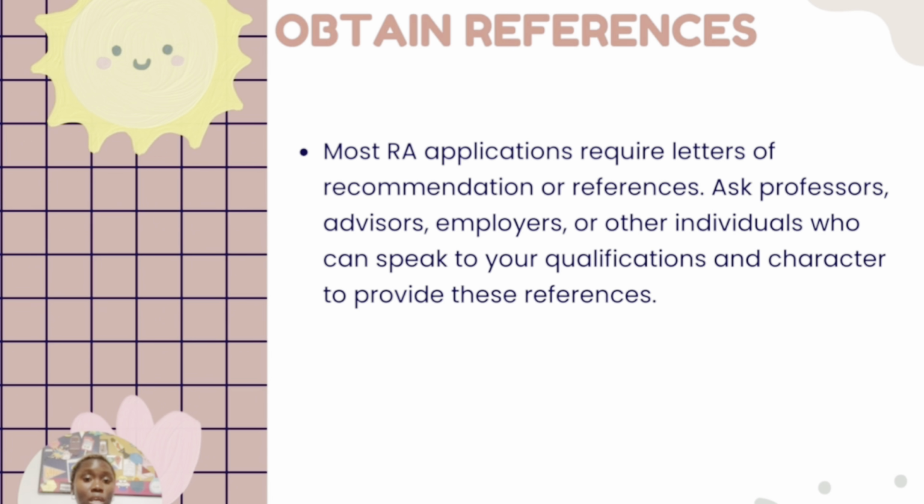So just make sure that the people that are willing to be your reference are people that can vouch for you, that can speak highly of you. Some people also ask for a reference from their resident director. If your resident director knows you and they've had an interaction with you in time past, you can ask them for a reference or recommendation.